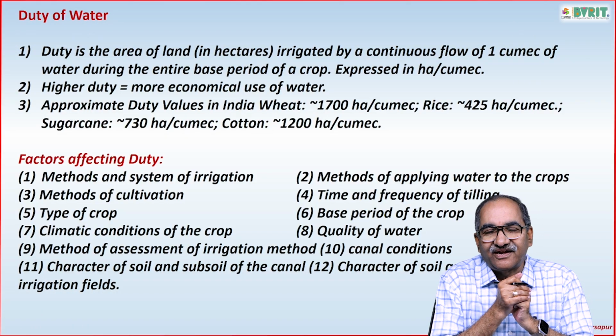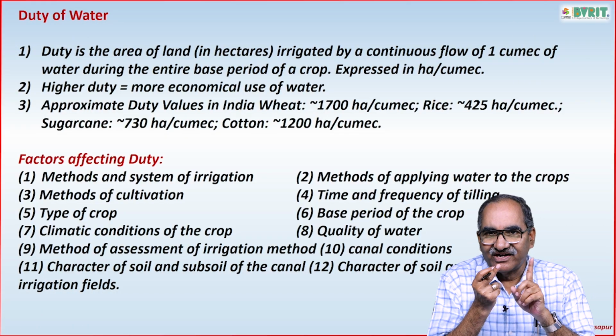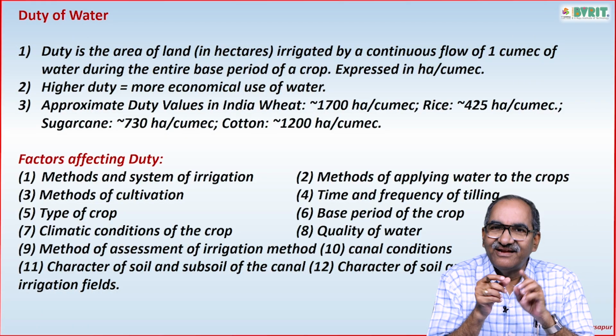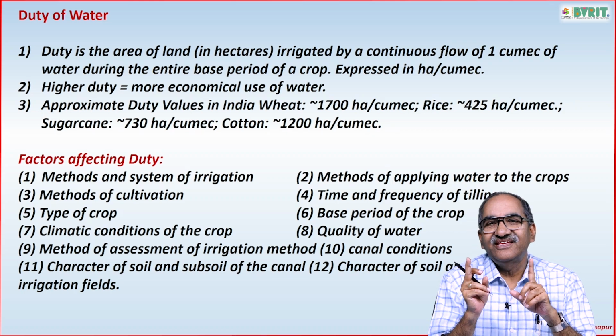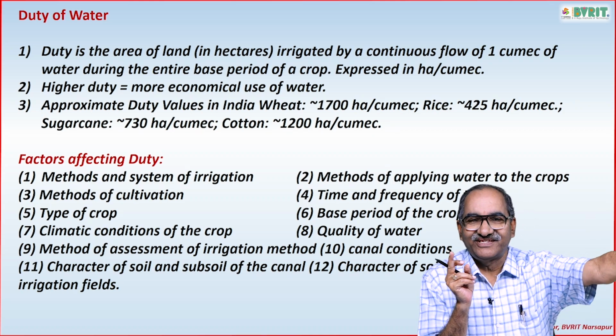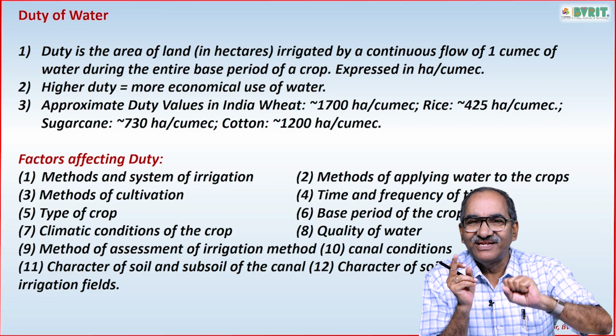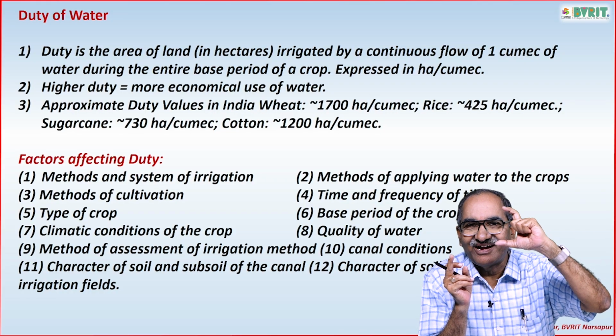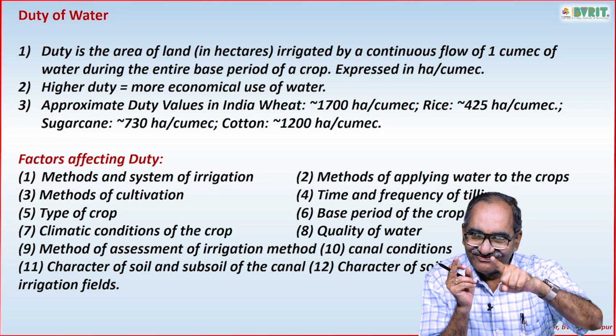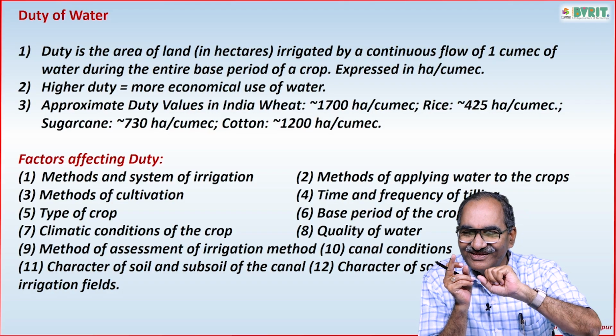So next, after understanding what is duty, what is delta, what is base period, and what is the relation. Duty is 1 cubic of water, how much area you can irrigate. Delta means what is the depth of water required for growing a crop. That is what we call as delta. And what is base period?